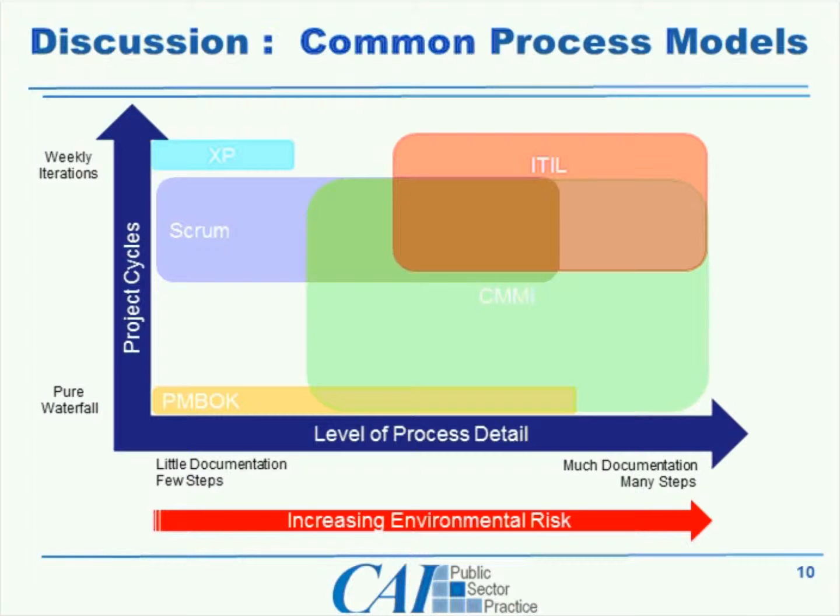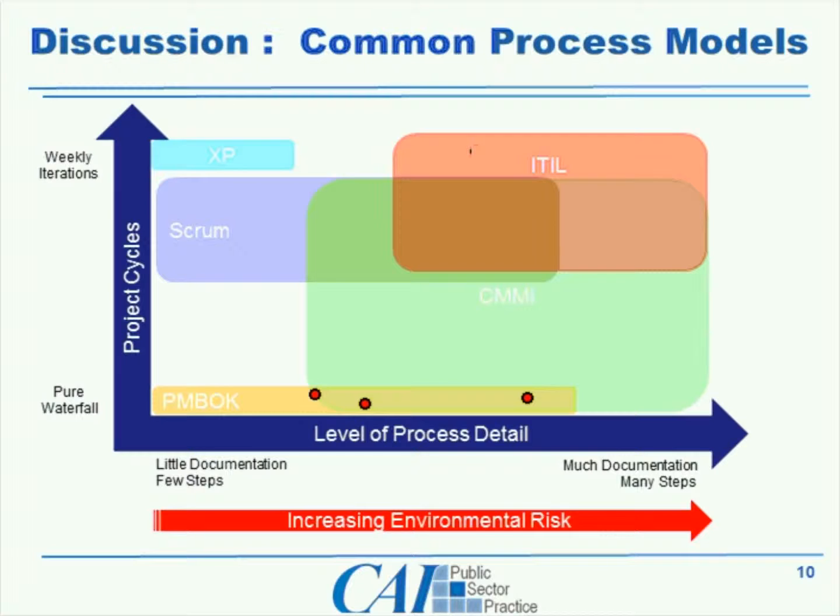ITIL, again, is more of a service management discipline, and it focuses on risk with its best practices, and it's more of a long-term approach. It's less iterative than the project cycles, but it takes a longer view, almost an environmental view. And then the PMBOK sort of spans all levels, and it's not really prescriptive, but it has a good general overview of managing risk in general.